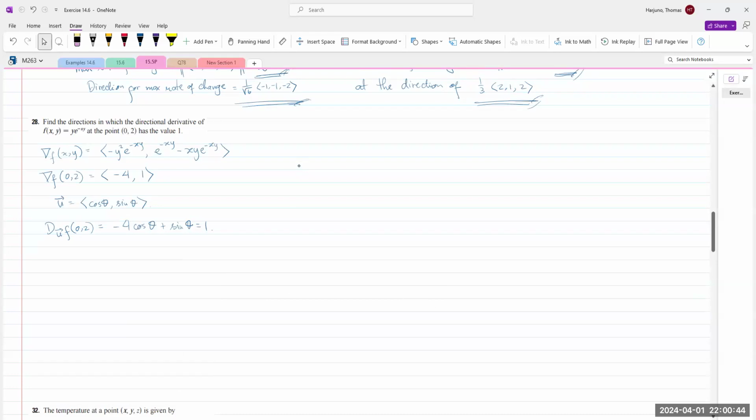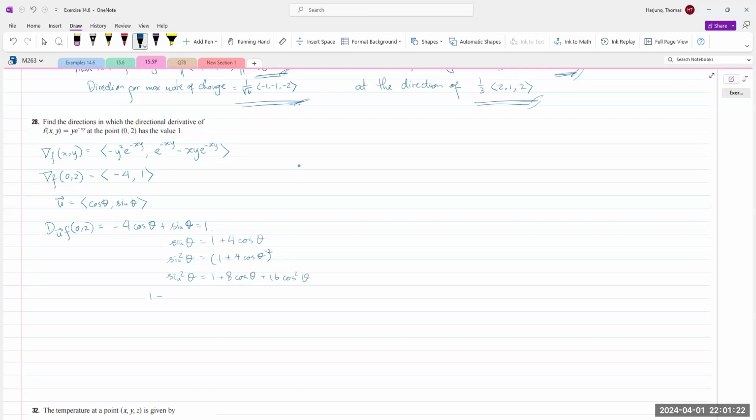How to solve this equation? So I have sine theta equals 1 plus 4 cosine theta. Square both sides. This is trigonometry. When I square both sides, I get sine squared theta equals 1 plus 8 cosine theta plus 16 cosine squared theta.